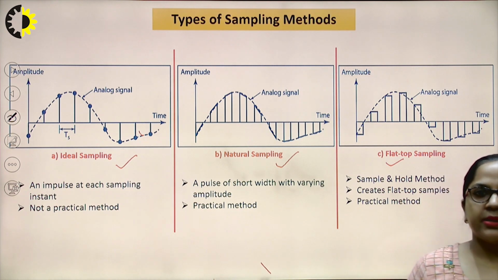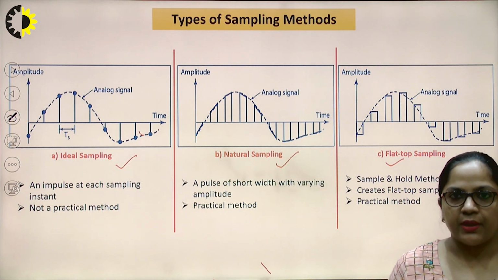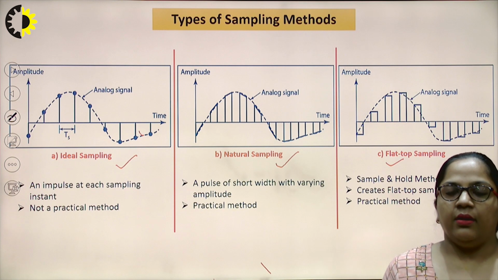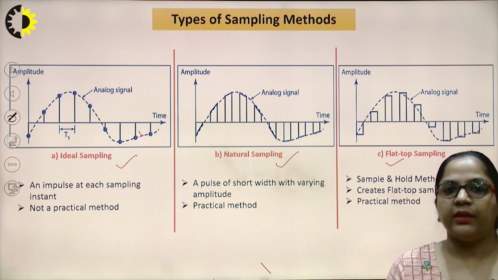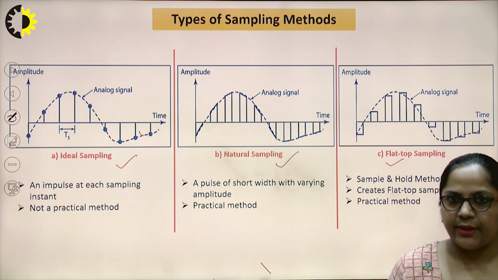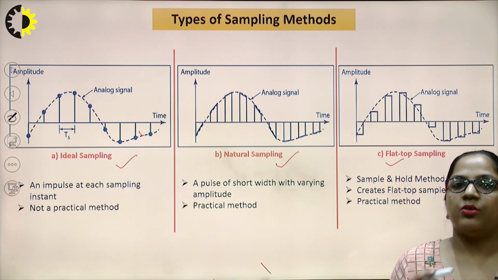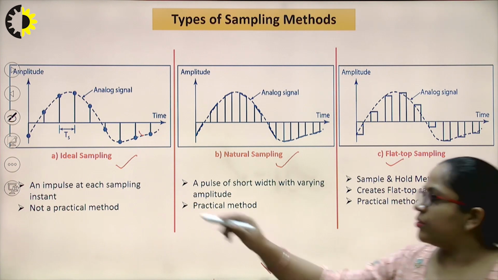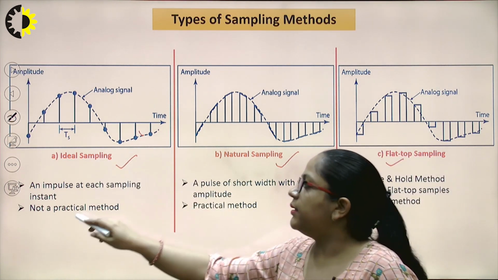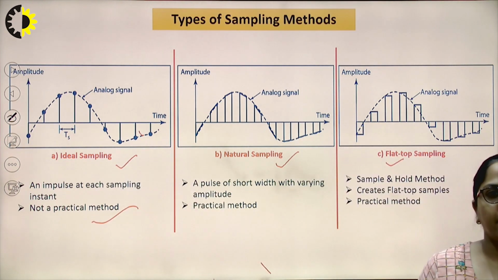What is an impulse signal? According to the definition, it is a signal having width equal to 0. So in practice, it is not possible to generate a signal having width equal to 0. So this ideal sampling method is not a practical method.